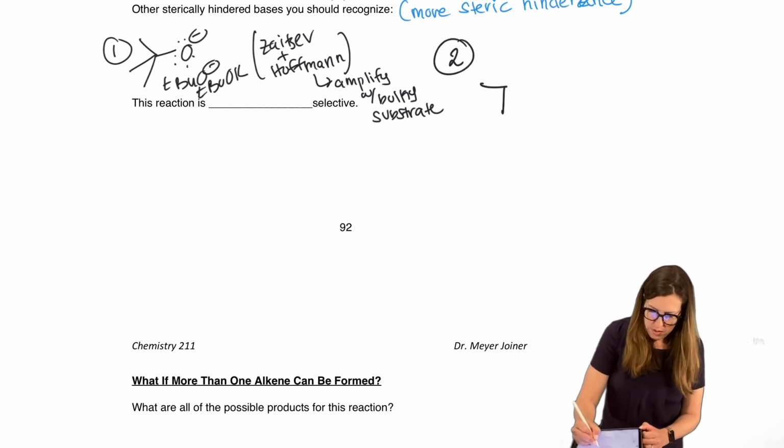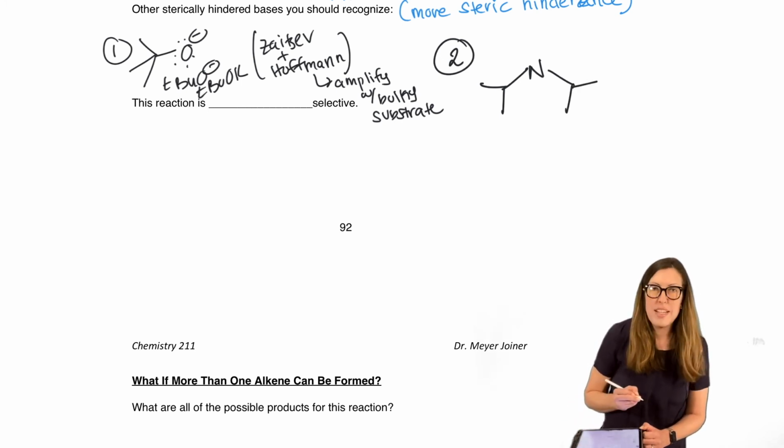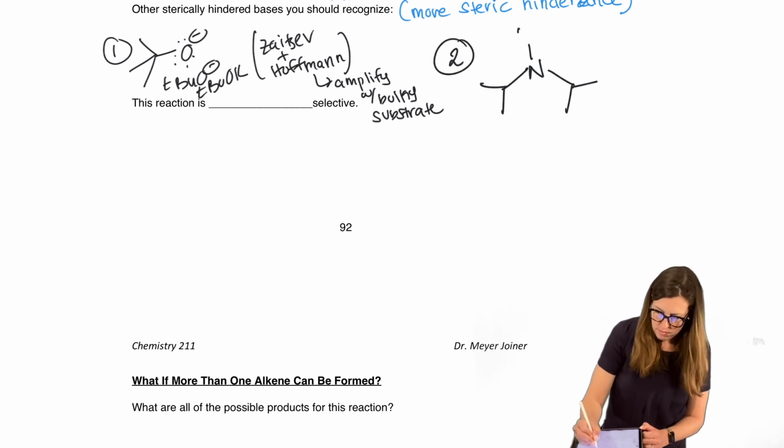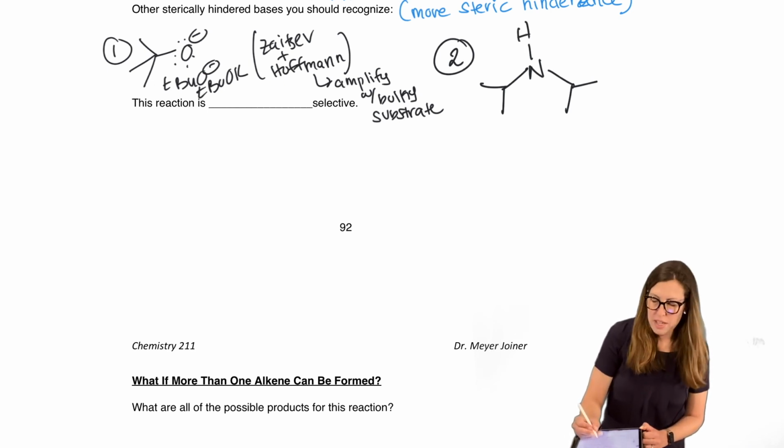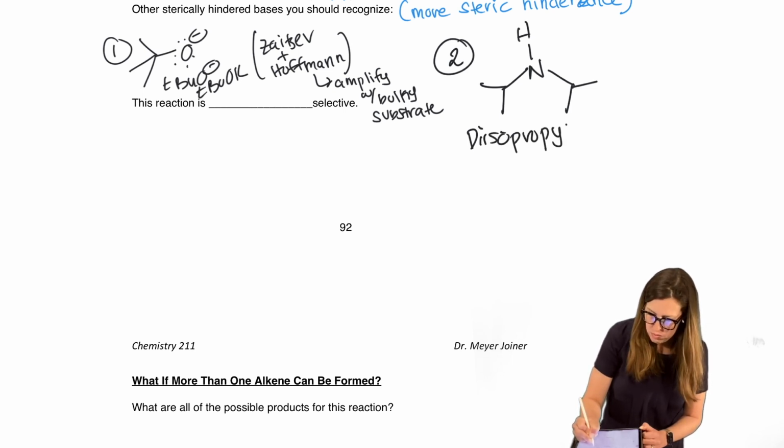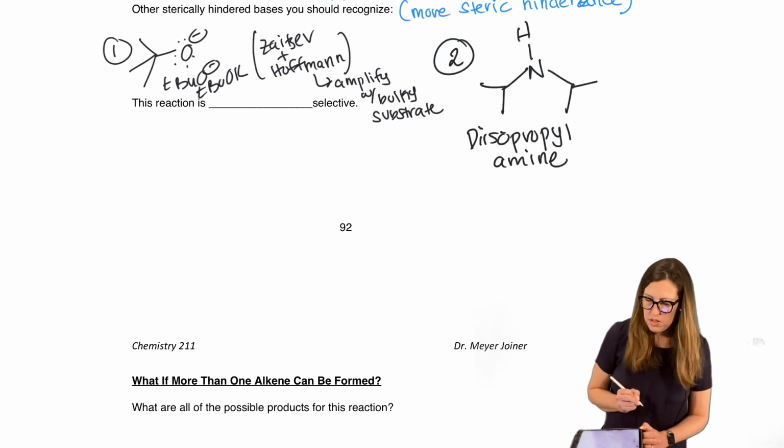Another really good one we've looked at before is LDA, or diisopropylamine. So it could be in its conjugate base form, which is an even stronger base. Diisopropylamine. Very bulky.